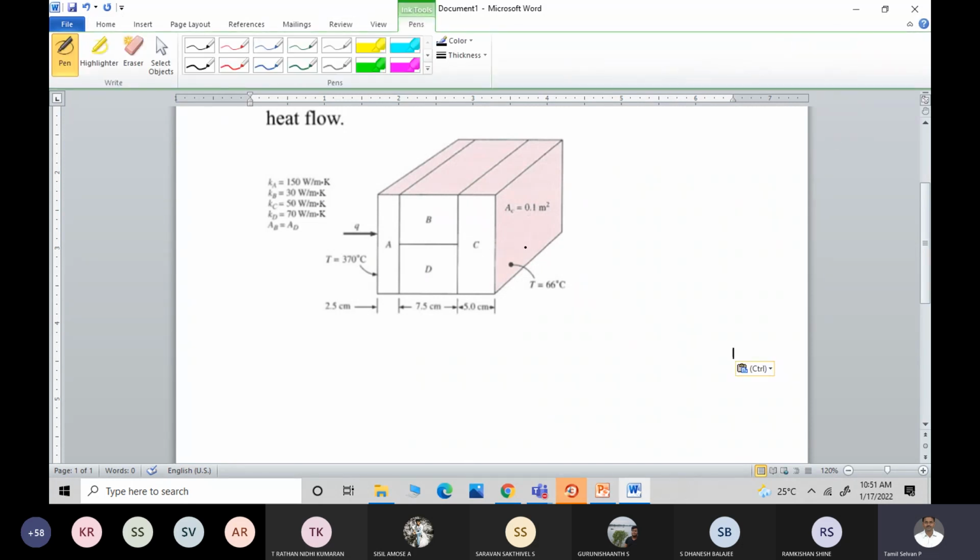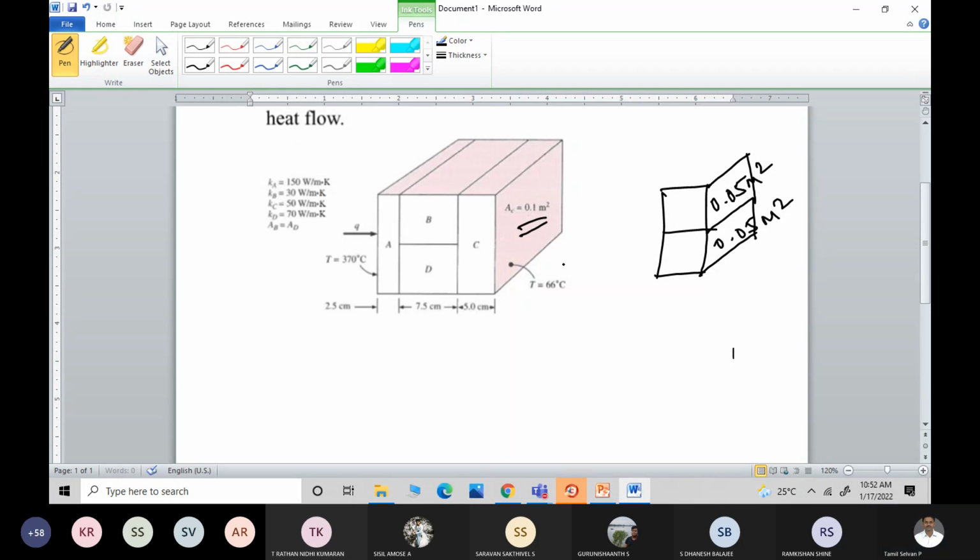Especially the middle layer is 50%, so the flow area is 0.05 meter squared for B and 0.05 meter squared for D, because the total area is 0.1 meter squared.